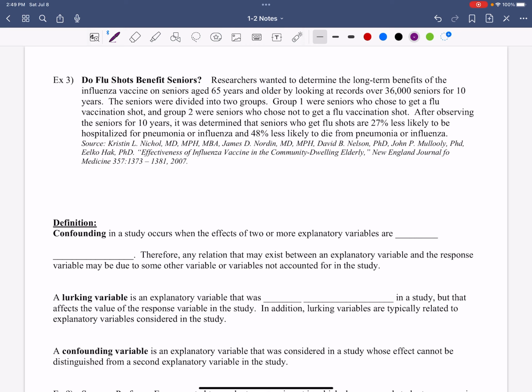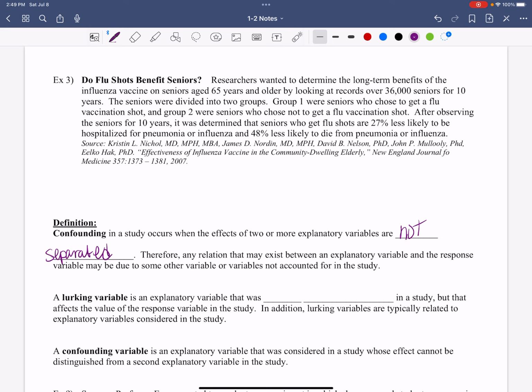Confounding in a study occurs when effects of two or more explanatory variables are not separated. Therefore, any relation that may exist between an explanatory variable and the response may be due to something else, some other variable or variables not accounted for in the study.